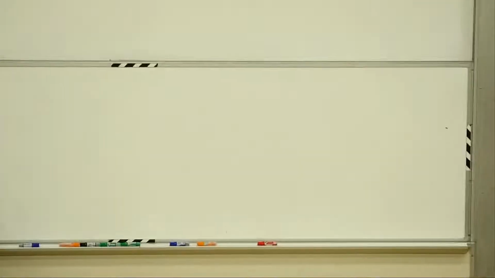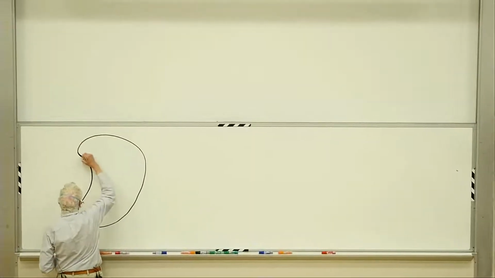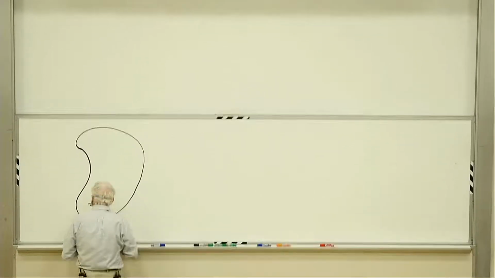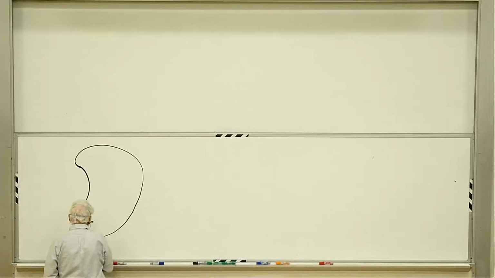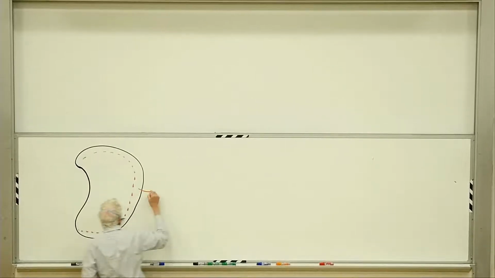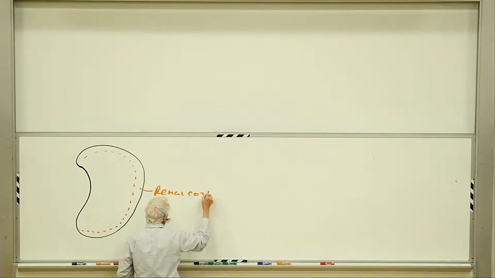But let's start here with where we left off. This is one of the kidneys. And out here in the cortex, this is the renal cortex.